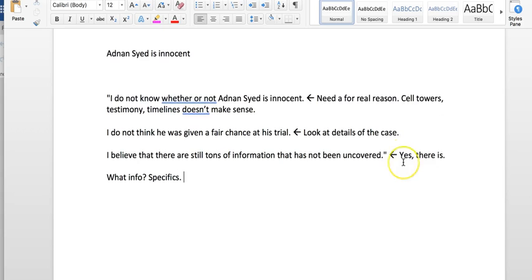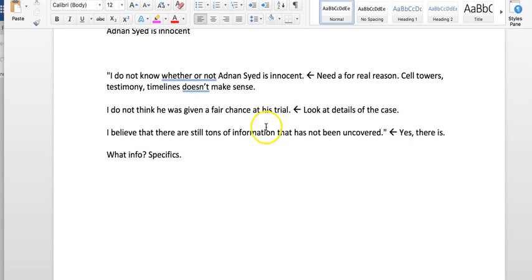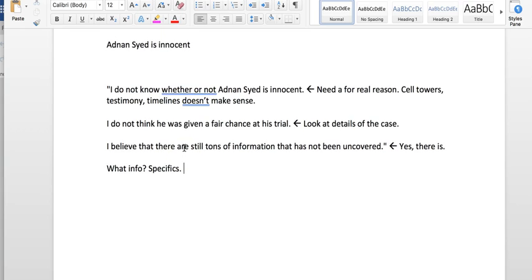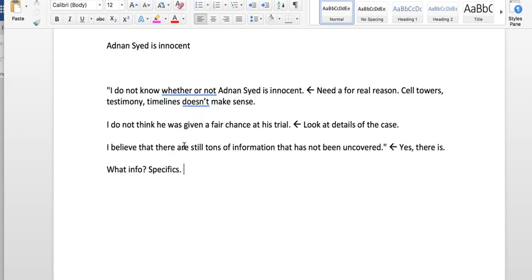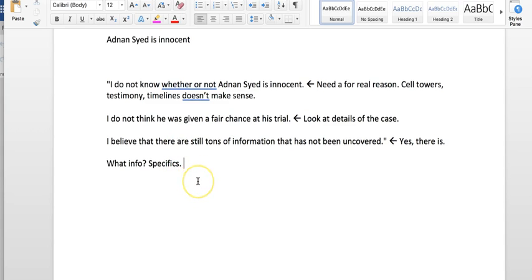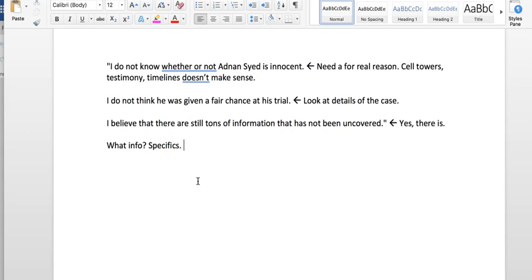So for this person, what I would say is work on this a little bit because these are way too general. You are now getting to the point where you need to be specific. What is it about this that's working, that's not working for you? Specifically for people who haven't decided whether they're going to go for innocent or guilty, what I would suggest is that you make a pro-con list essentially.